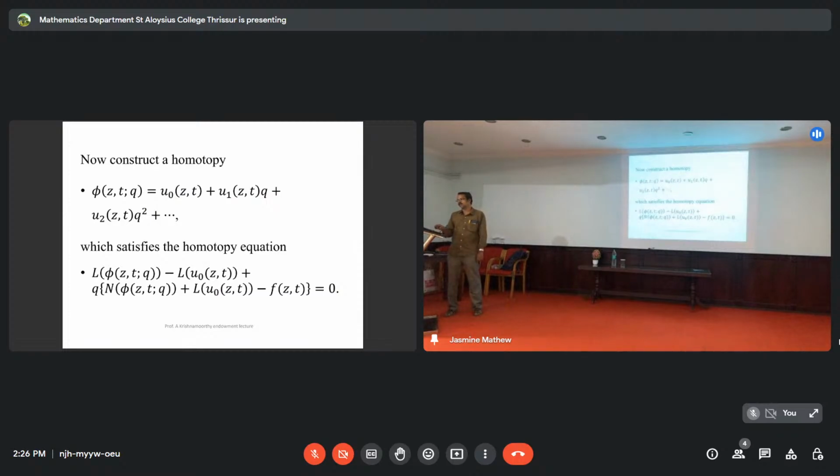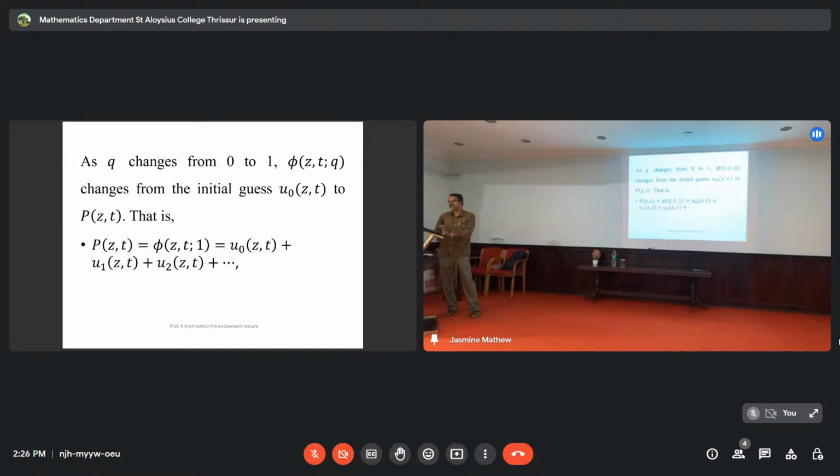So when q is equal to 1, you can see that phi(t,1) is a sum u0 plus u1 plus u2 plus etc. That gives a feeling of a Picard iteration method of solving a differential equation. But these two are entirely different methods. The homotopy method is maybe a little bit more general. Now, as q changes from 0 to 1, phi(t,q) changes.